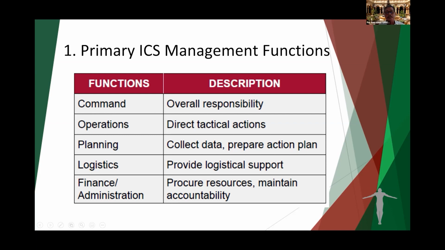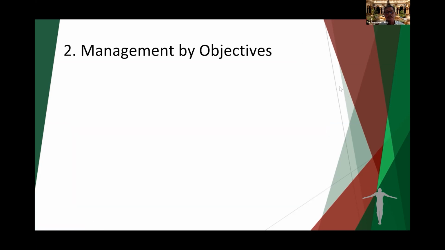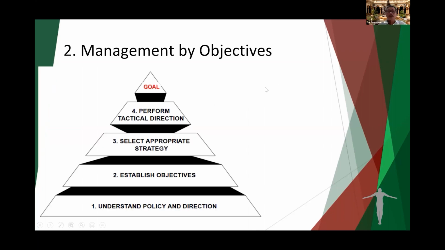Another characteristic of the ICS is that in the ICS, we manage by objectives. Now, in responding, the incident commander has to come up with his goal. And in order to do so, he should know and understand the policy and the direction of the unit or the CU for that matter.